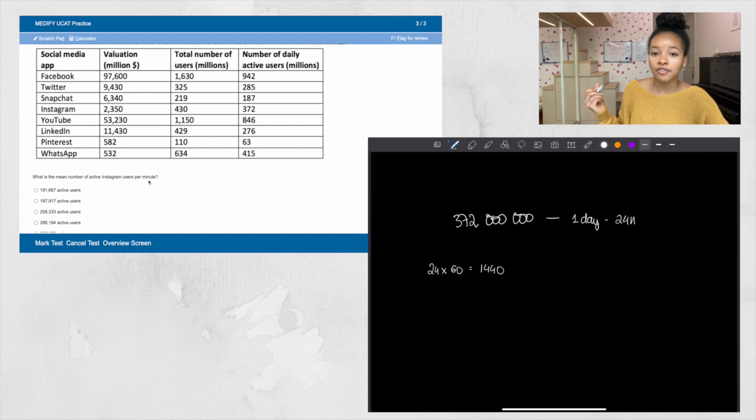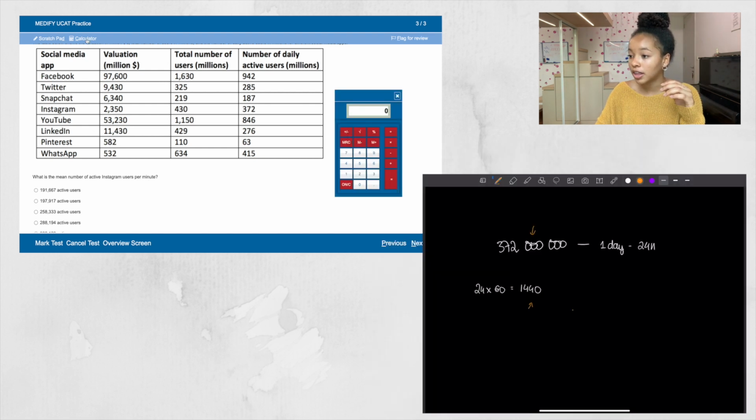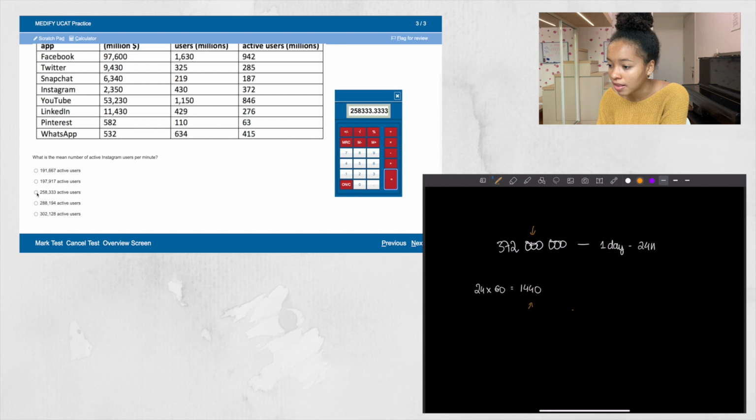And then we just have to divide 372 million by 1,440 to figure out how many users are active every single minute. So now that we figured that out, let's just use the calculator and do our calculation. 372 million divided by 1,440, which gives us this number here, and this number is this one.